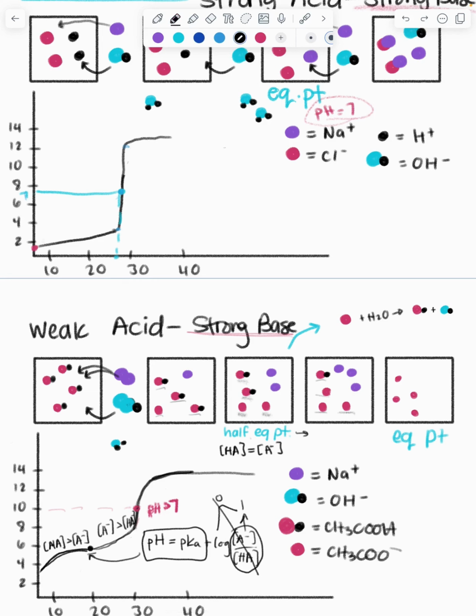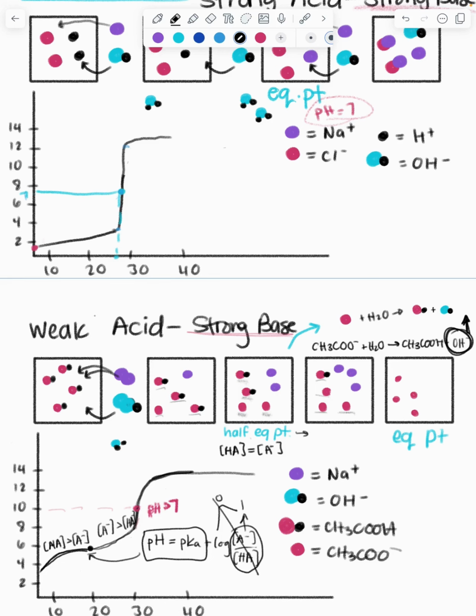So if I'm looking at my conjugate base plus water, that's going to yield, again, a little bit of weak acid and OH-. Okay, so this is what's going to cause that increase in pH at the equivalence point in a titration with a weak acid and strong base.